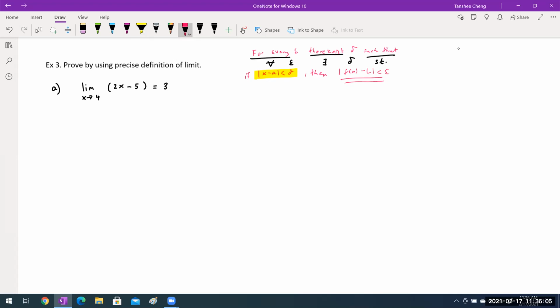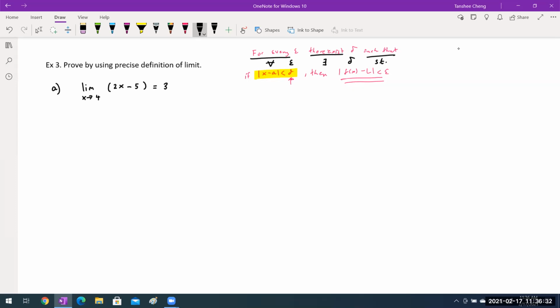The conclusion that we want. So in this case, I need to know what my delta is in order to start from this statement. And from the previous example, we sort of see how we can manipulate backward to get the ideal delta. So this is a two-column proof that I want you to write down.